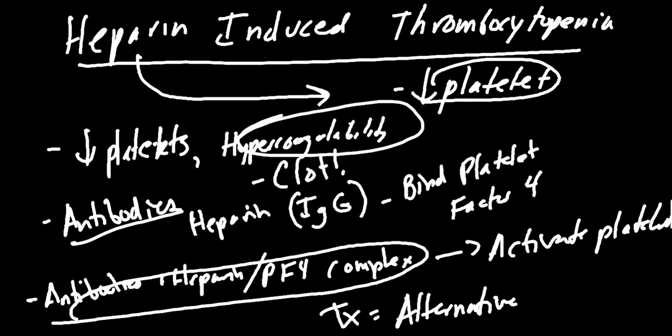The whole cascade, maybe before I wrap things up, I'm going to draw the whole thing out from top to bottom, just so you can see the big picture, because I like big pictures. So we've got 12 goes to 12A. We've got 11 goes to 11A. We've got factor 9 goes to 9A. We've got factor 8.